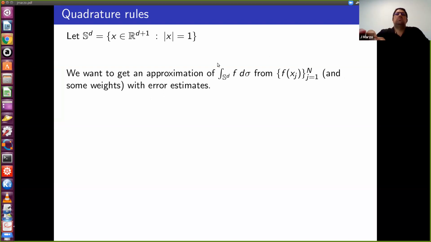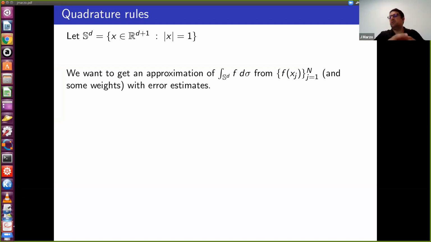So we want to have some way to approximate this integral, and I will present just a way to do it.